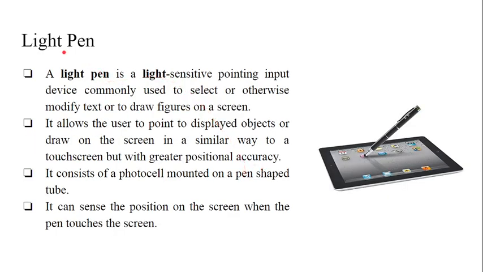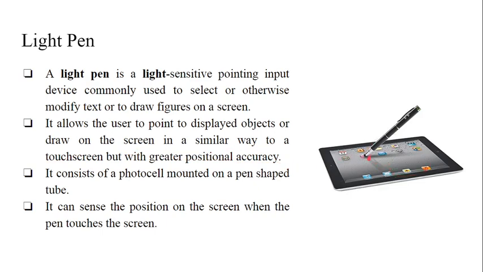Next type of input device is light pen. Light pen is a light sensitive pointing input device. It is commonly used to select or otherwise modify text or to draw figures on the screen. It allows the user to point to displayed objects or draw on the screen in a similar way to a touch screen, but with greater positional accuracy.